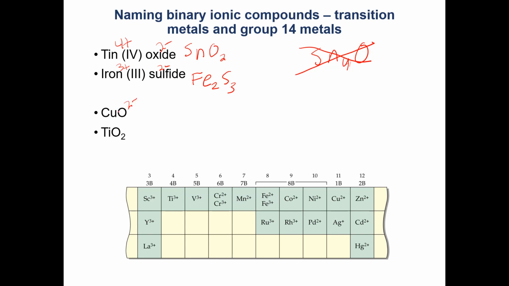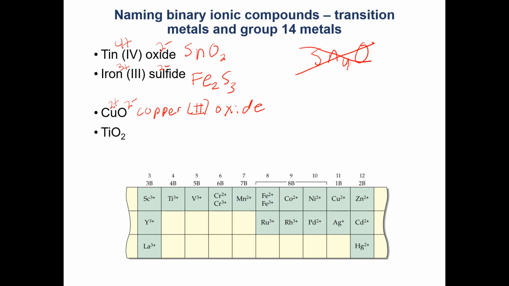That means since there's only one copper, there has to be a 2 positive charge on that copper to balance that 2 negative charge on the oxygen. So we would call this copper 2 oxide.